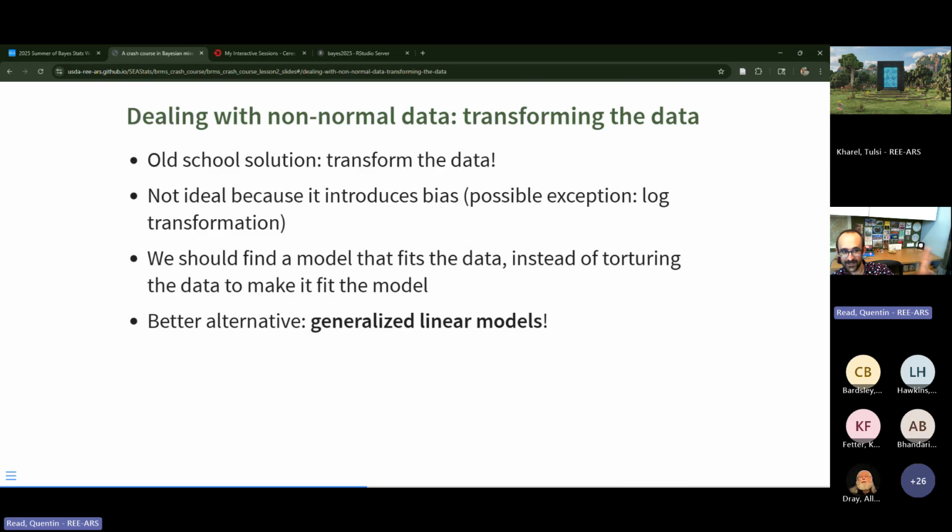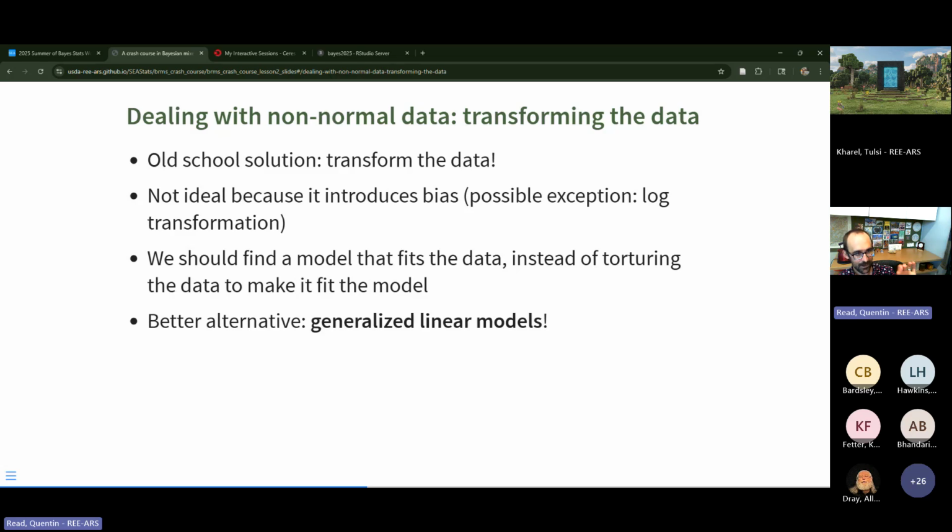Okay, so the data doesn't fit the model. The old-school way of dealing with that is to make the data fit the model, like transform the data so that it is kind of normal and then fit our normally distributed error model to it. That's actually decent, but the problem is it introduces bias.